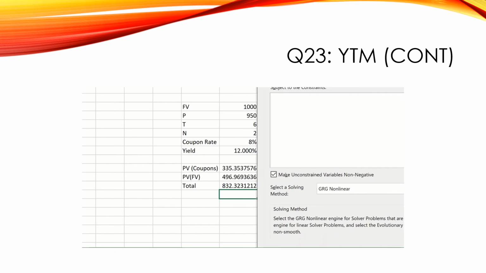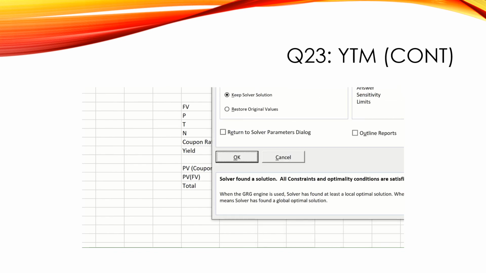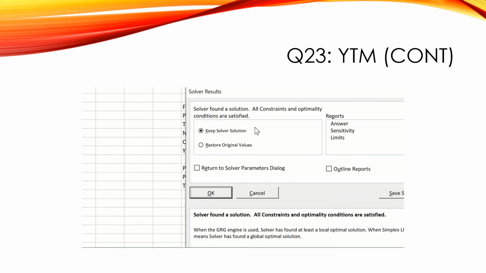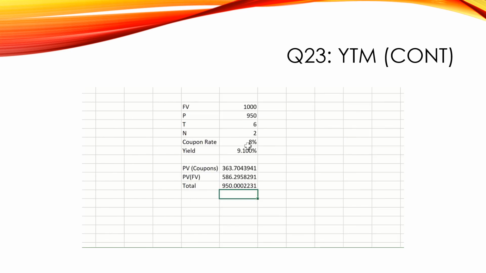And then I'll click Solve, and Solver will give me a solution. I'll click OK, and Solver gives me a solution here, being the yield is 9.1%. So that's how I'd go about getting the yield to maturity in Excel for this particular answer. So the answer to our question is going to be 9.1% in this particular case.